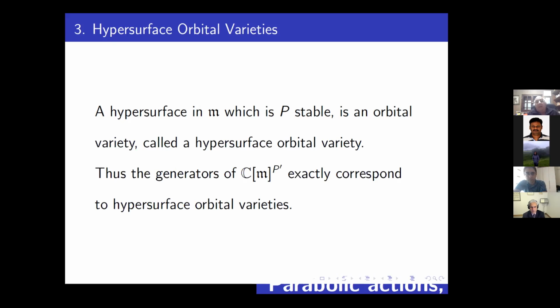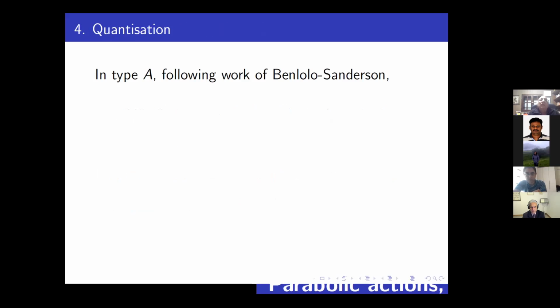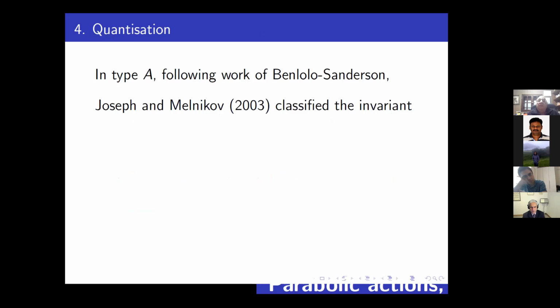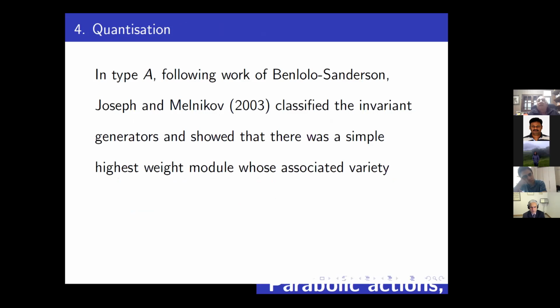But unfortunately, hypersurface orbital varieties, or in fact orbital varieties in general, are not very easy to understand. In type A, things are simpler. Ben Lolo and Sanderson made the first progress, and following their work, myself and Melnikov classified the invariant generators and showed that there was a simple highest weight module whose associated variety was a hypersurface orbital variety.